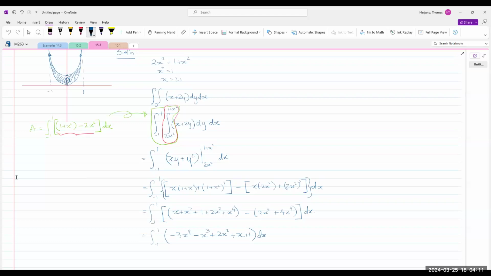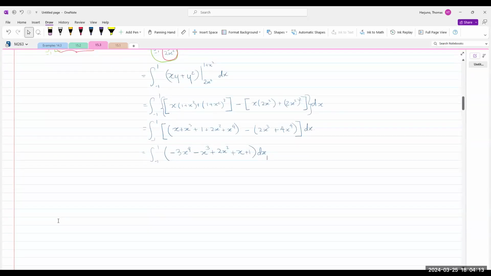Okay. Now then, our domain, this is calculus 1. Our domain happened to be symmetric around 0, from -1 to 1. So we remind ourselves of one thing. Let me put it in red. Integral from -a to a of an odd function dx.